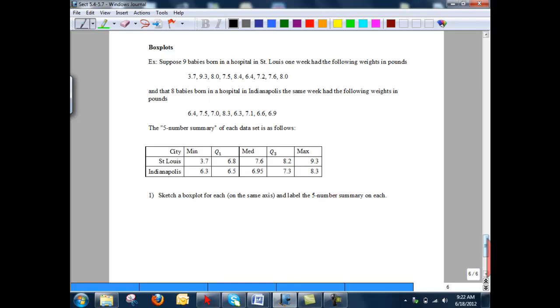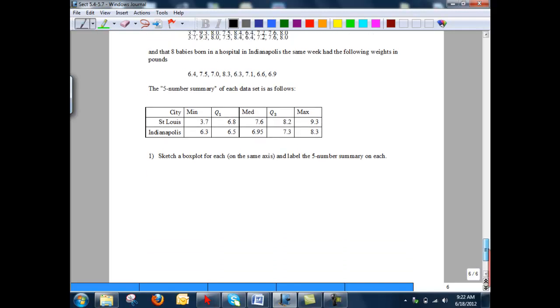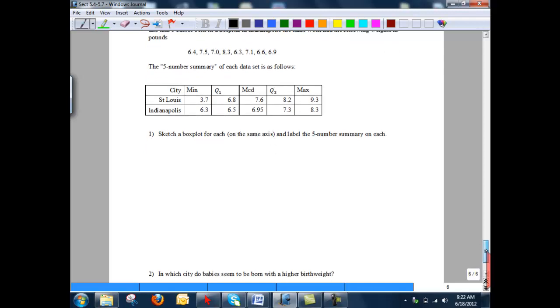And to draw a box plot, I first need to compute the so-called 5-number summary of each data set. The numbers in the 5-number summary are the minimum value, the quartiles Q1 and Q2, which is also called the median, and Q3, and then the maximum or largest value. A box plot can be drawn horizontally or vertically. I'm going to draw mine vertically. And a box plot only has one axis.